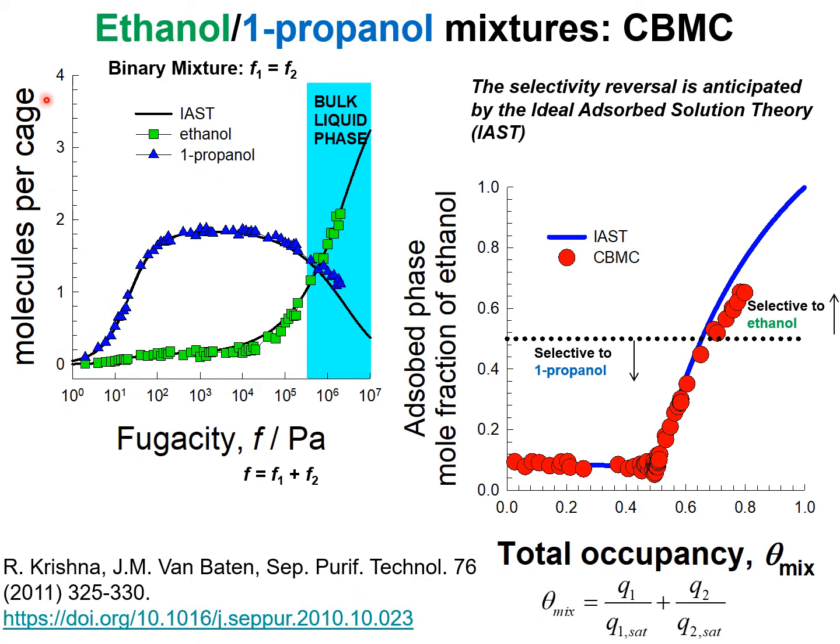The component loadings are plotted against the total fugacity in the bulk fluid phase. The component loadings for 1-propanol are shown by the blue triangles here, and the loading for ethanol are shown by the green squares.